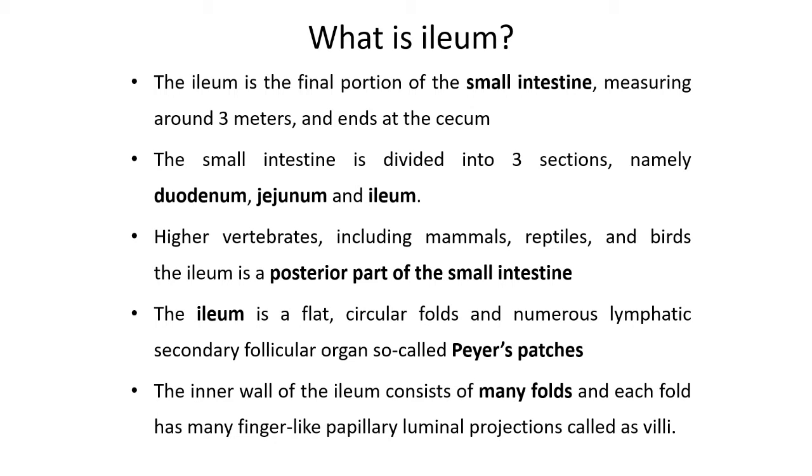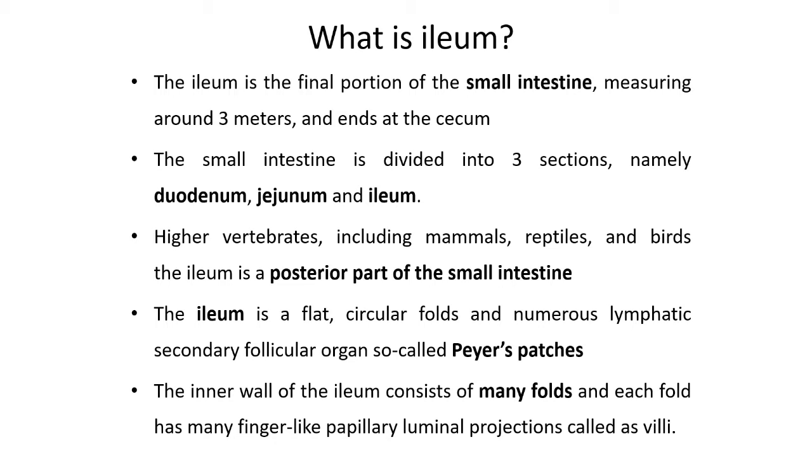The small intestine is covered in parts as duodenum, jejunum and ileum, mostly in higher vertebrates like mammals, reptiles, birds. The ileum part of small intestine is well developed. Even in case of fishes, this ileum is well developed because of the digestion and absorption that takes place.